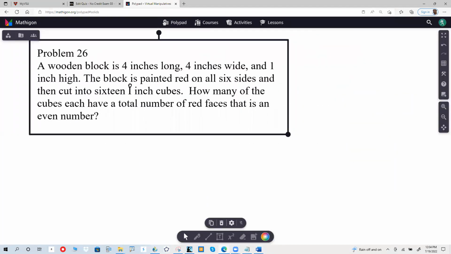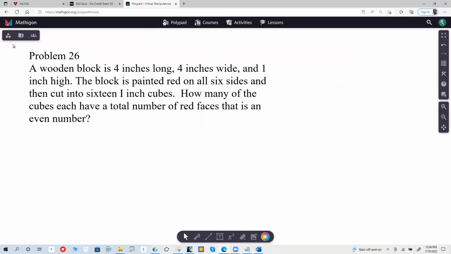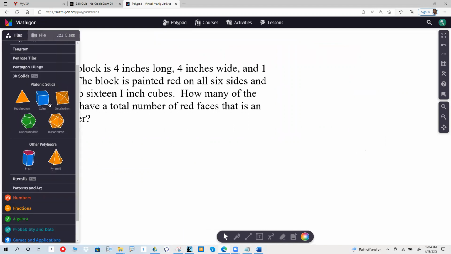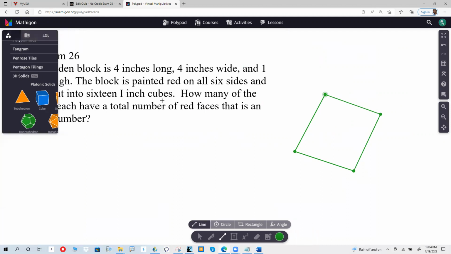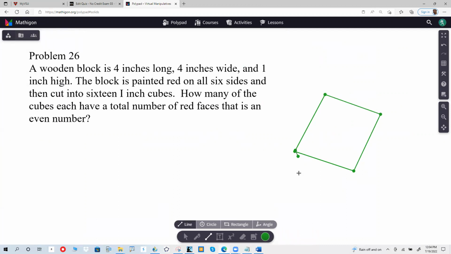A wooden block 4 inches long. So it's basically like this. Let me see if I can find a nice solid. Well, seems like I cannot, but that's okay. This is 4 by 4, and it's only 1 unit thick.